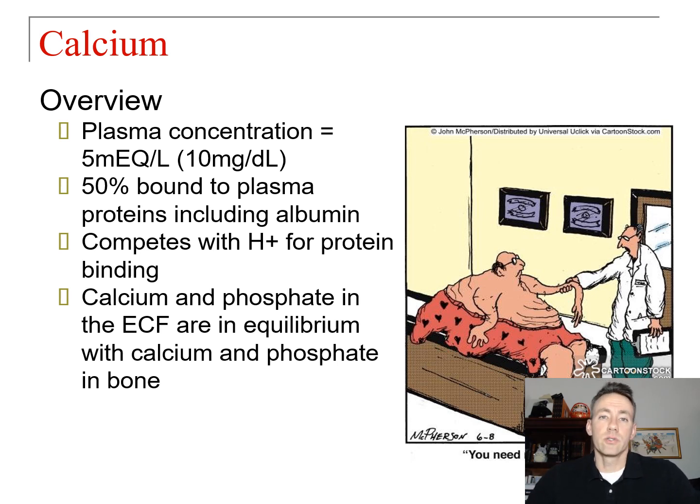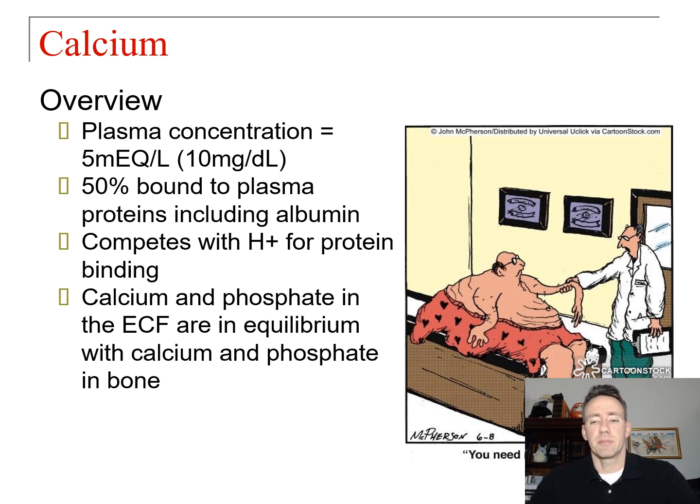When the CO2 levels start to decrease, that shifts the equation so the protons bind to bicarb, and so the proton level decreases and your pH goes up. This can cause changes in calcium binding to protein, so more calcium will bind to protein, and then your calcium level will start to decrease. We'll talk more to that in a few more slides, actually.